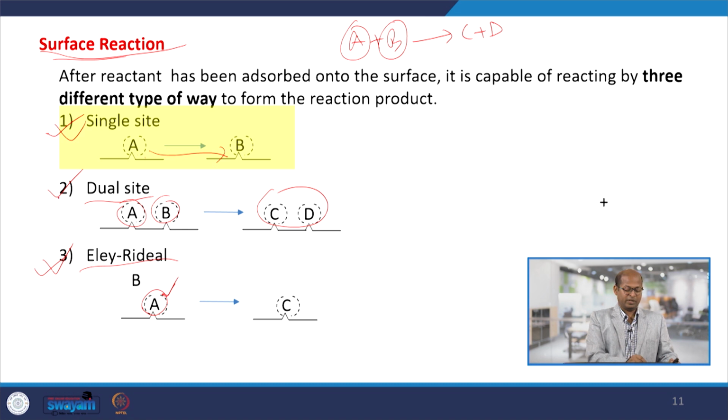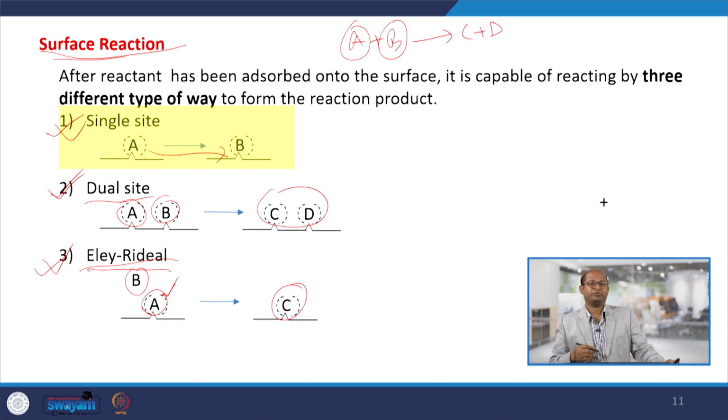So, in the dual-site mechanism both reactants occupy two surface sites, but in this type one reactant molecule might be in the gas phase, and the other reactant molecule must occupy some surface site, and then the reaction will take place this way and give some products. So, there are these different possible types of surface reactions.